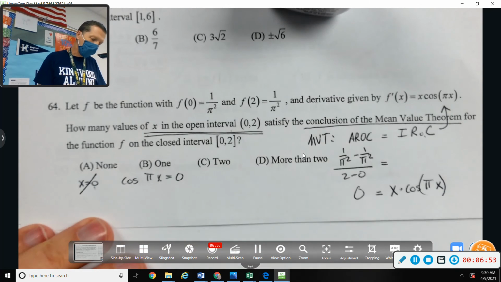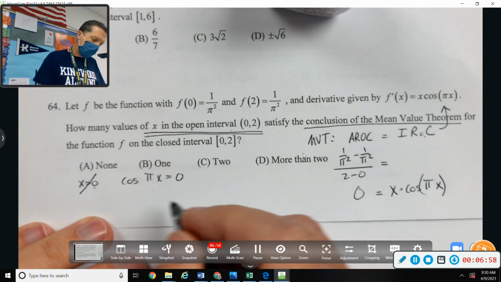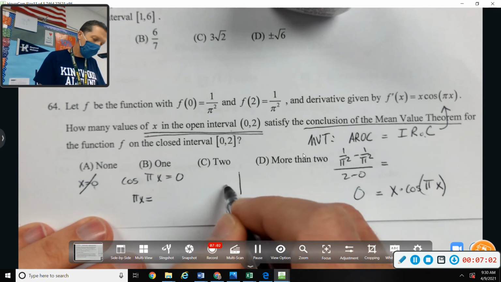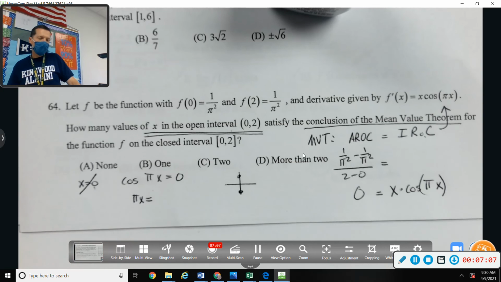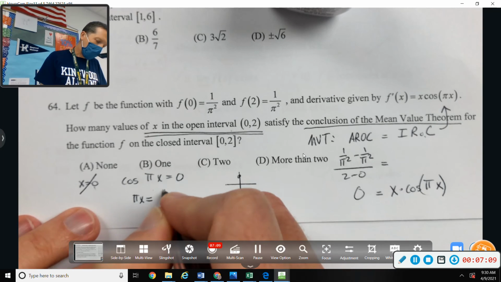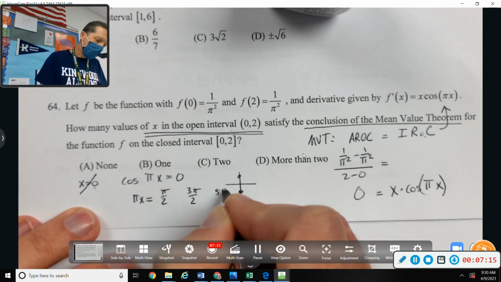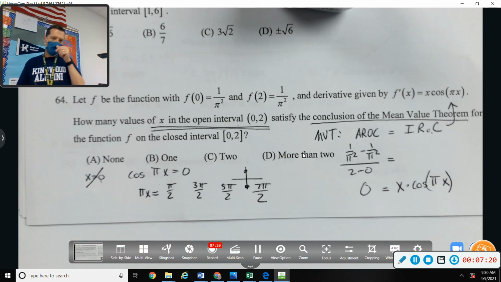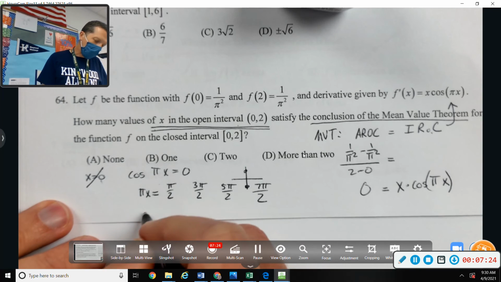So can't use 0. All right, cosine pi x equals 0. That would mean pi x needs to be, let's see, where's cosine equal to 0? At pi over 2 and 3 pi over 2, 5 pi over 2 if we kept going, and 7 pi over 2. And we divide all those by pi.